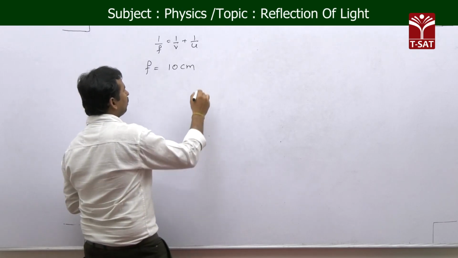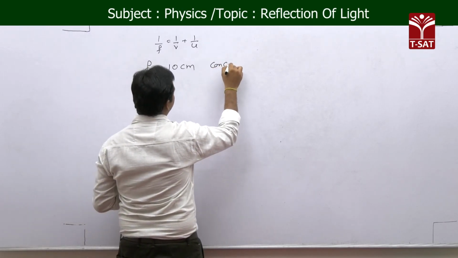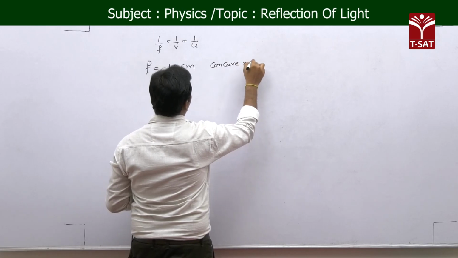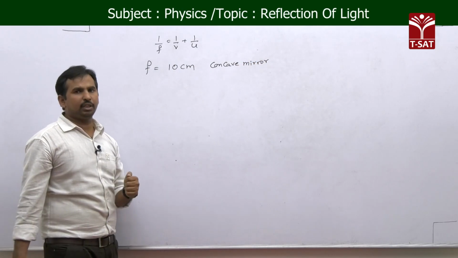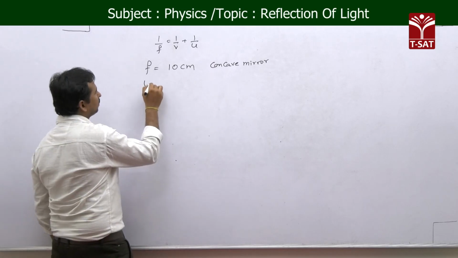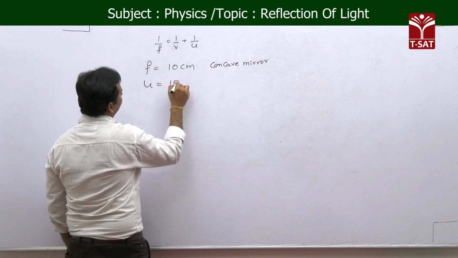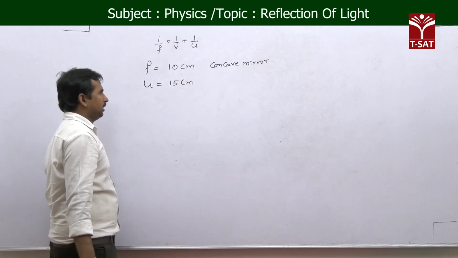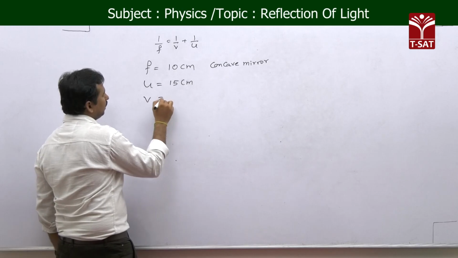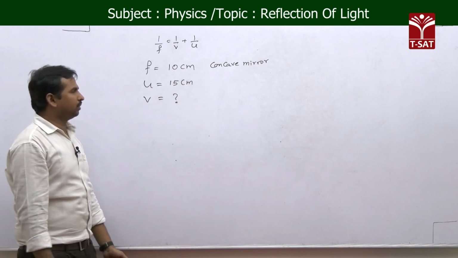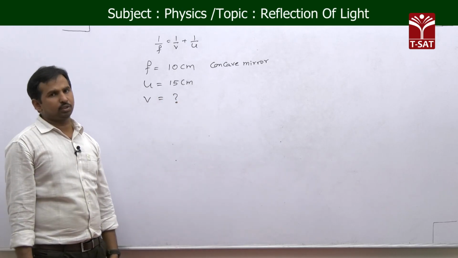Now as the focal length is given as 10 centimeters, let us suppose the object distance is given as 15 centimeters. Okay, then what to find is the image position.